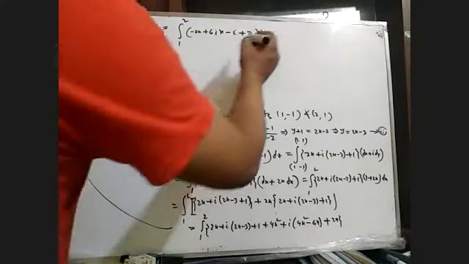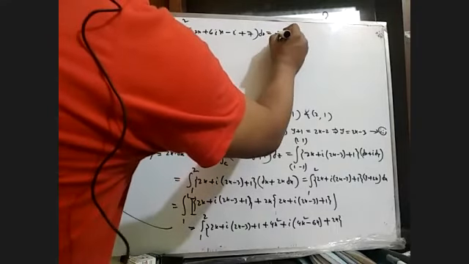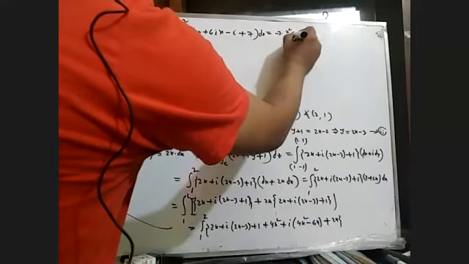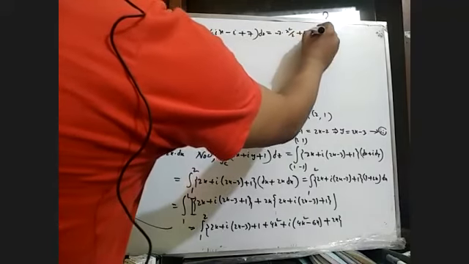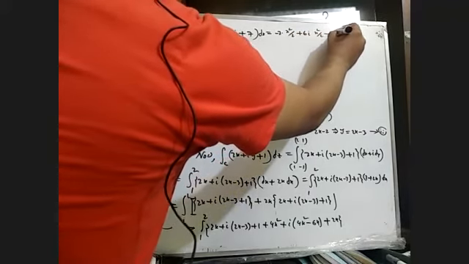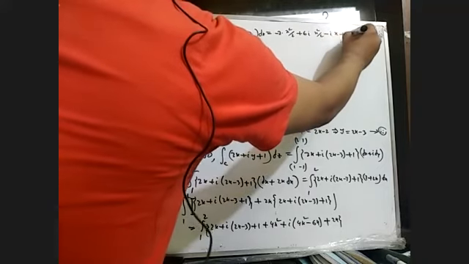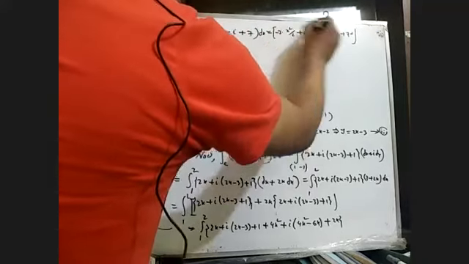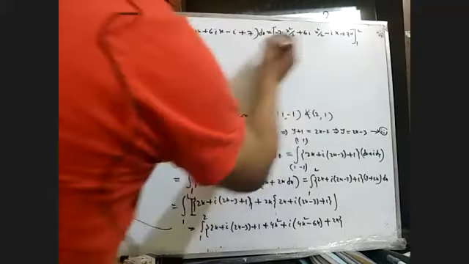Now integrating: minus 2 into x square by 2 plus 6I x square by 2 minus I into x plus 7x, and limit will be what? 1 to 2.